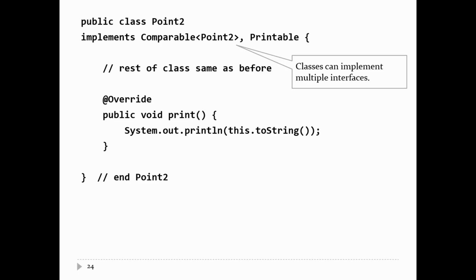How do you implement print? Well, you just call System.out.println and then the Point2 string. Here I'm using toString. You could just write toString, and whatever point you have, we'll call its toString method. So now instead of writing System.out.println(p), you can just write p.print, which admittedly doesn't really buy you a whole lot.